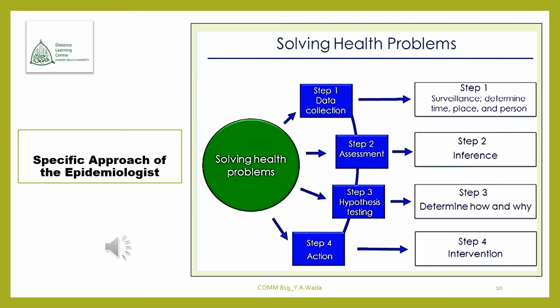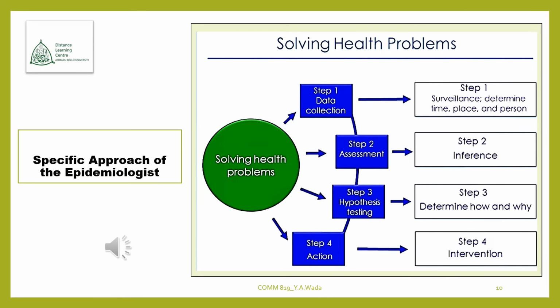Then next, epidemiology establishes inferences based on these collected data and draws initial conclusions. Then thirdly, they use the information to generate hypotheses about what might be the causative agent for this public health problem.